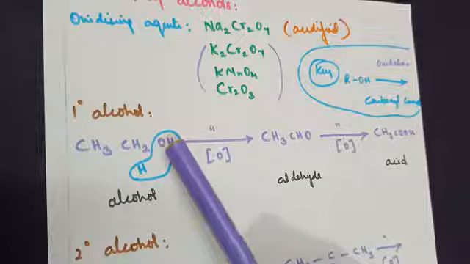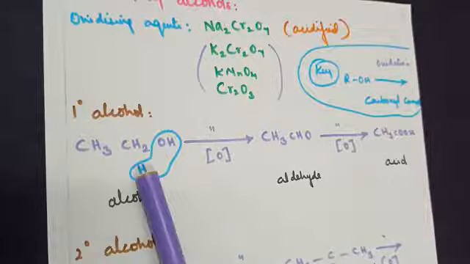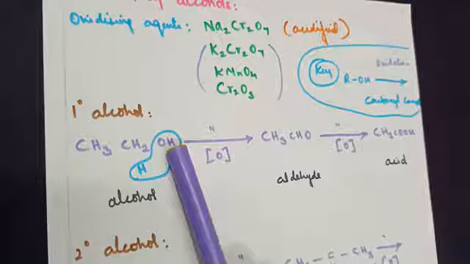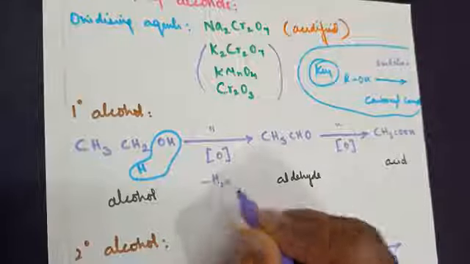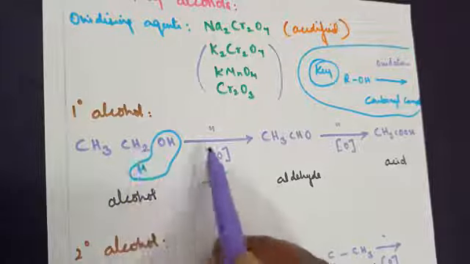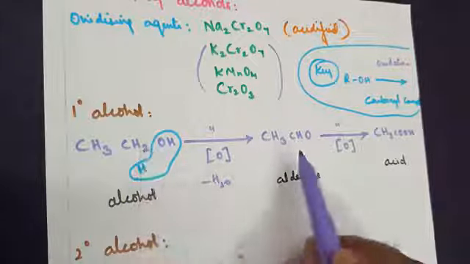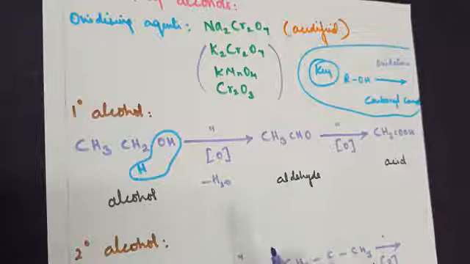OH from here, and one of the two hydrogens, combine and go out as a water molecule. The remaining combine together as CH3CH, and the O gets adjusted and joined. So alcohol is converted into an aldehyde.